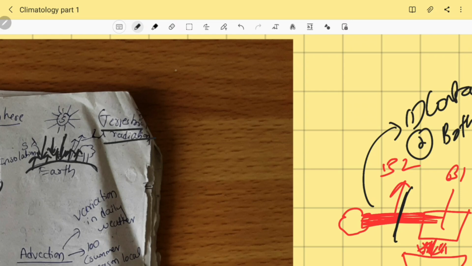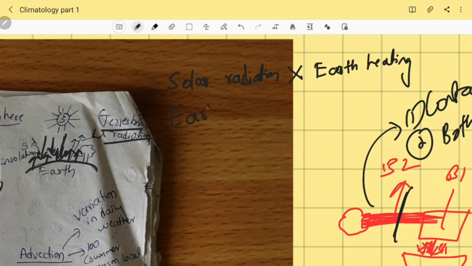Because of terrestrial radiation, the atmosphere is getting heated. You should know that solar radiation is not directly heating the atmosphere. The temperature is warm in our atmosphere because of the earth.